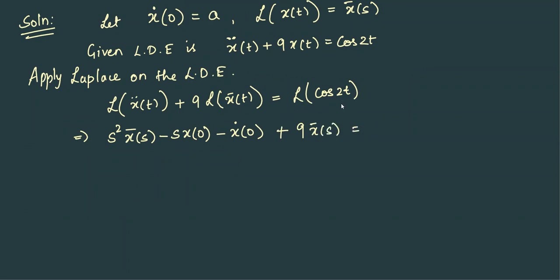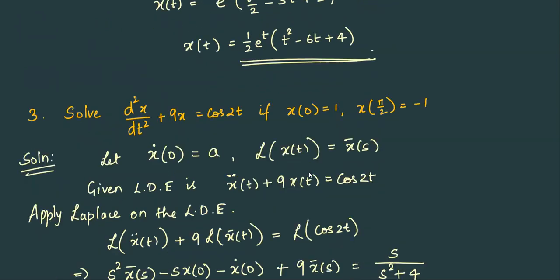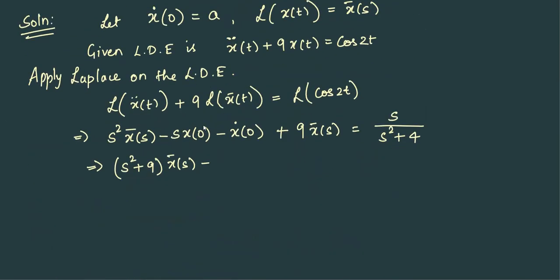Right hand side is s upon s square plus 2 square. So this boils down to s square plus 9 times x bar of s minus, x of 0 is 1, so I get minus s, and I have taken this as a.